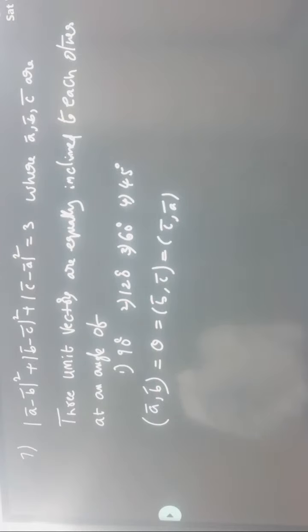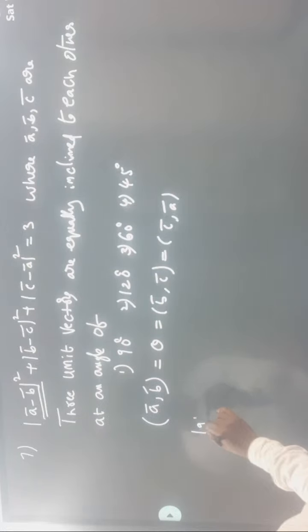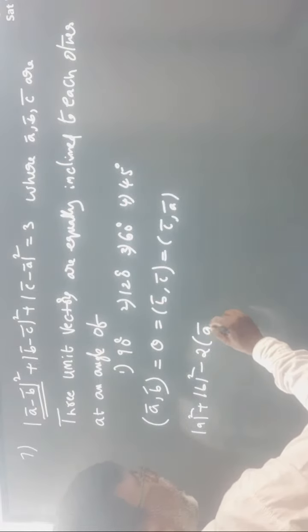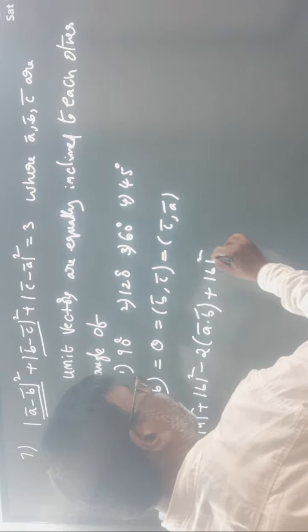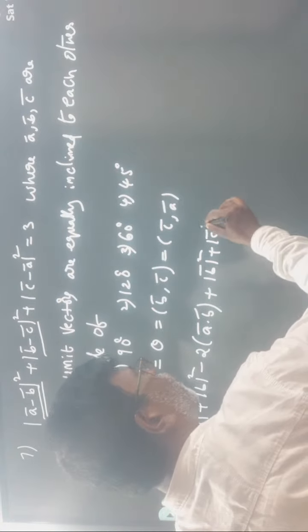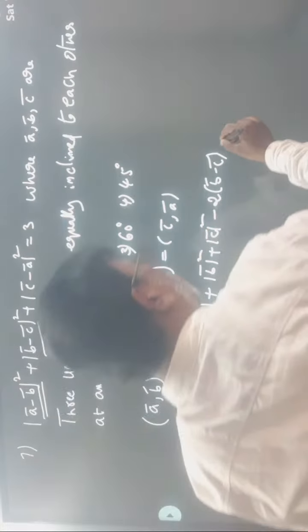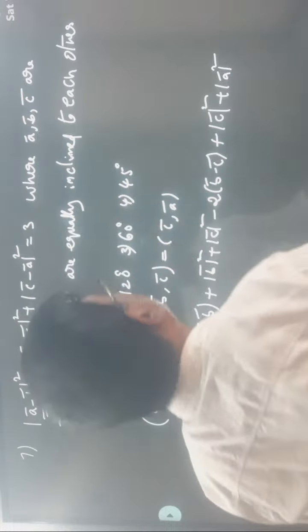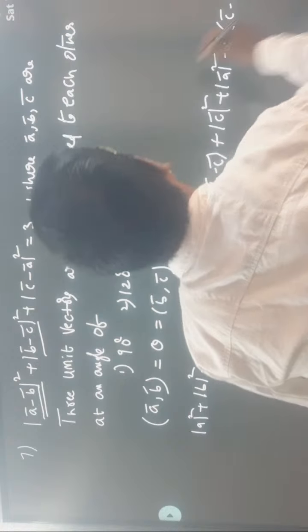So this one first, squared, gives mod a square plus mod b square minus 2 into a dot b. Coming to this expansion, that is mod b square plus mod c square minus 2 into b dot c. Now this one, mod c square plus mod a square minus 2 into c dot a, which is given as 3.